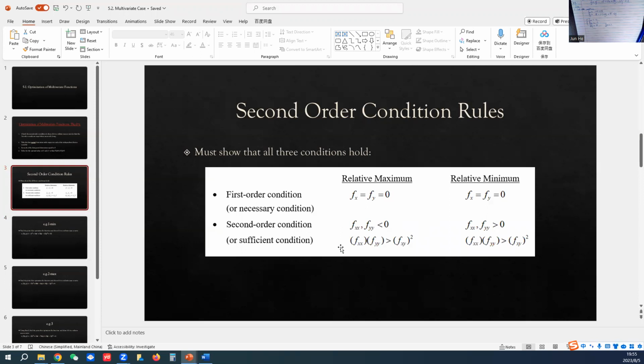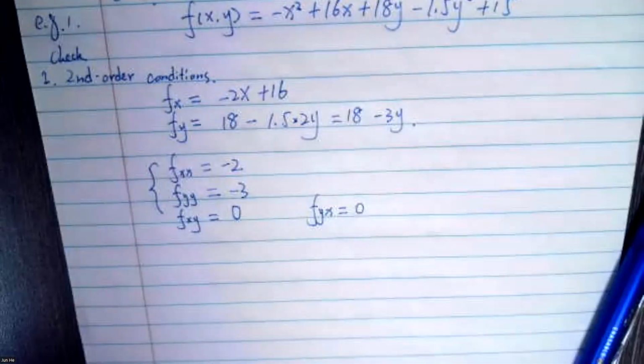Also we need the cross term to fit as well. So those are the conditions that we need to check. Then let's compare our results with those conditions to figure out what we are doing when solving the first order conditions later on.